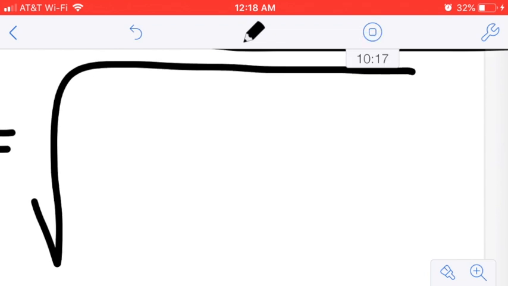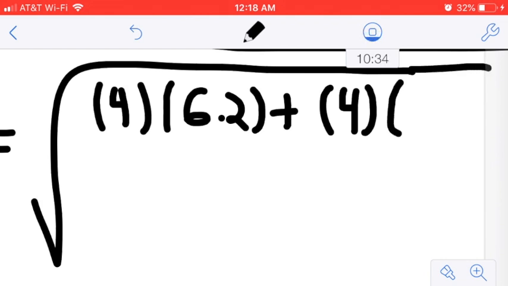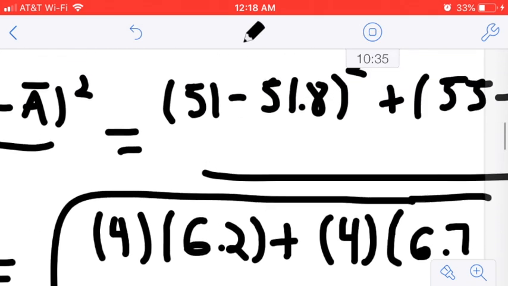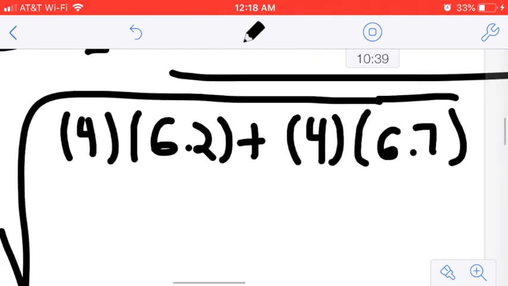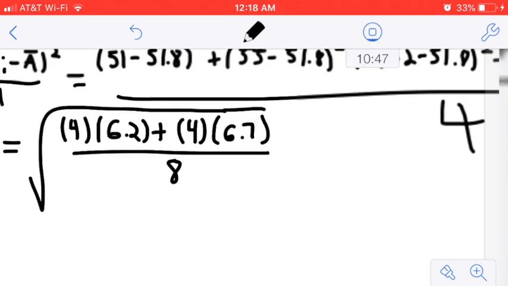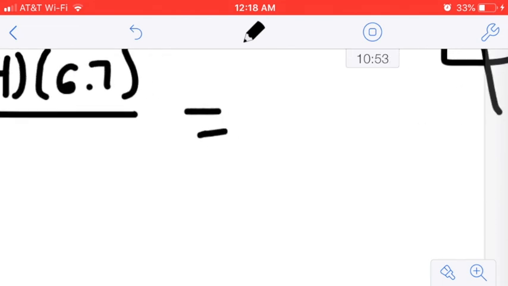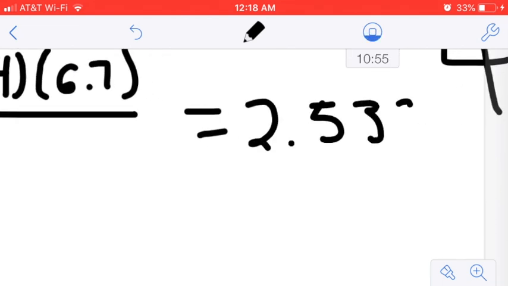So we have n minus 1, which is 4, times our standard deviation squared of the Persian cat, which is 6.2, plus our m minus 1, which is 4, times our standard deviation squared for the African cat, which is 6.7. All that is divided by n plus m minus 2, which is 8. And that standard error pooled is 2.5397.